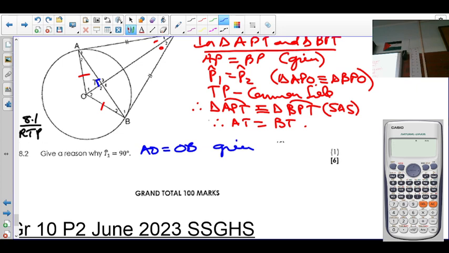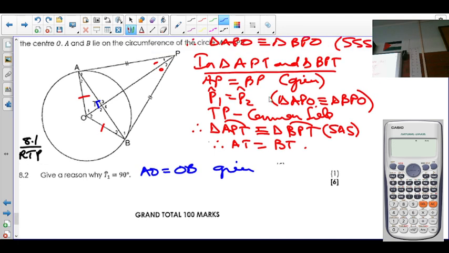Also, we know that AP is equal to PB. Why? Given. We spoke about this already, so again you don't have to say it. So therefore T1 is equal to 90 degrees.